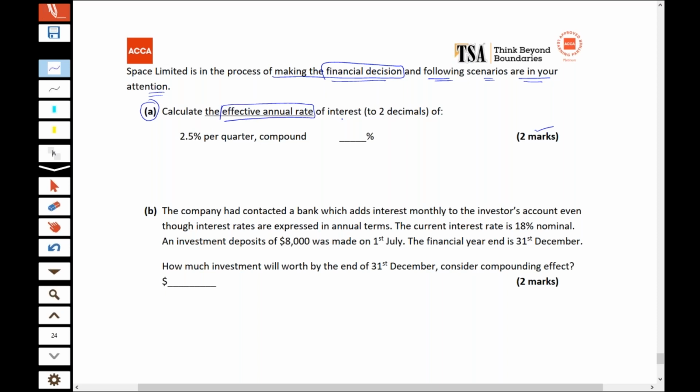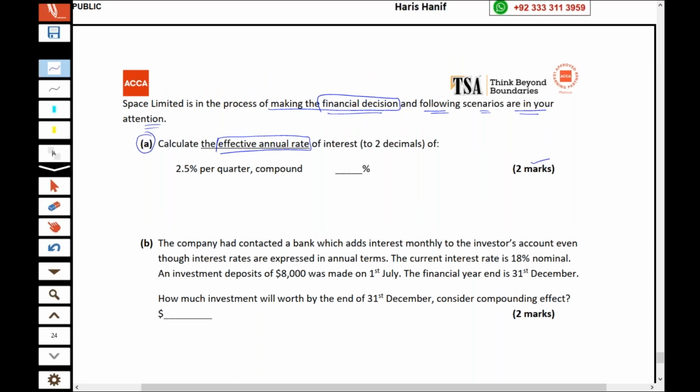Interest may also be paid or received in less than 1 year. What do you exactly mean by the term effective annual rate of interest?